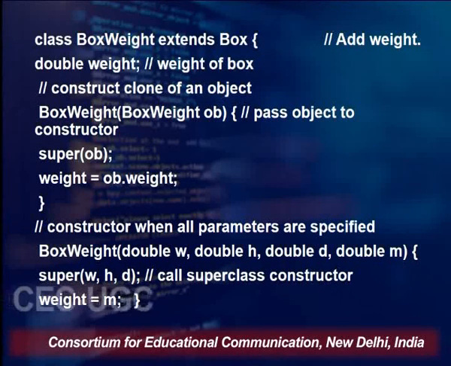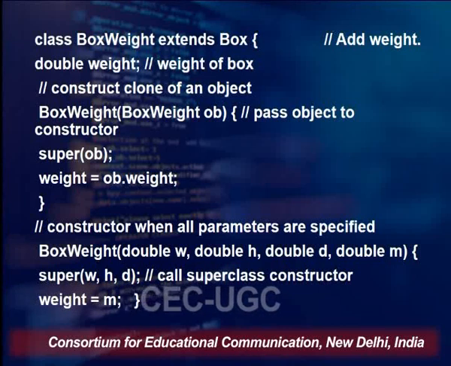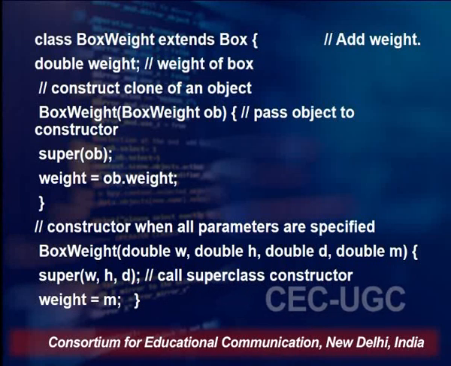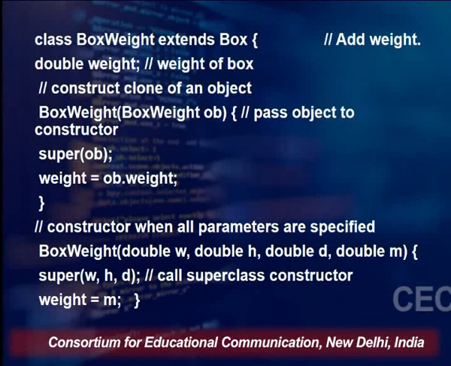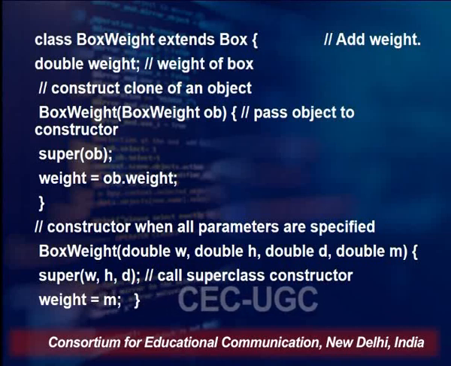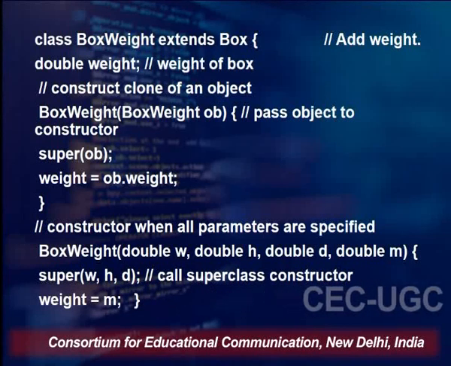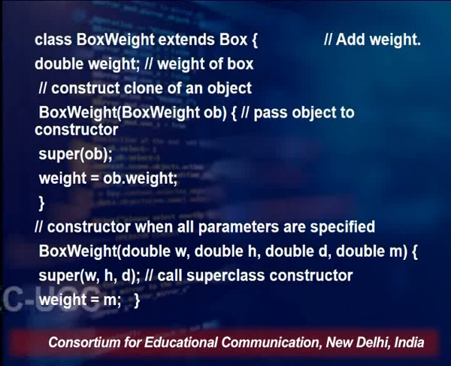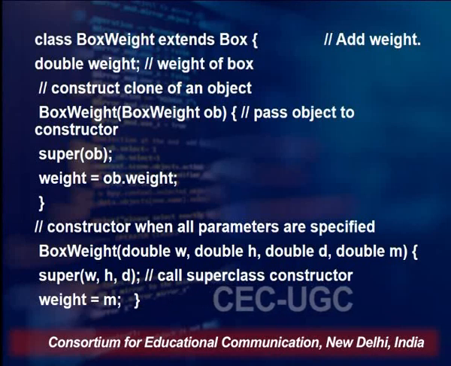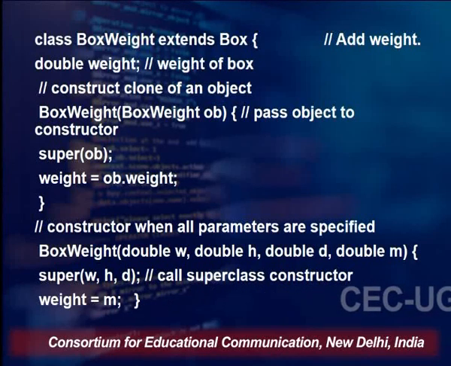The first constructor is the one in which an object of the class is passed: box weight ob, and then super, within which ob, the name of the object, is passed. This is going to in turn call the constructor of the superclass, and weight equals ob dot weight.